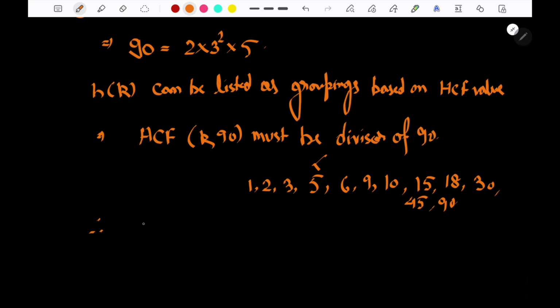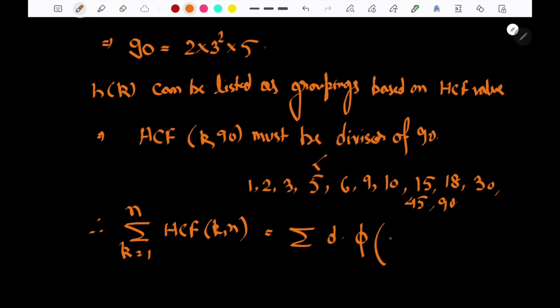Now we'll find the sum of h of k for k equal to 1 to n, that is, HCF of k comma n. It will be calculated by seeing how many divisors there are and using phi of n by d, where d divides n. This is very important.